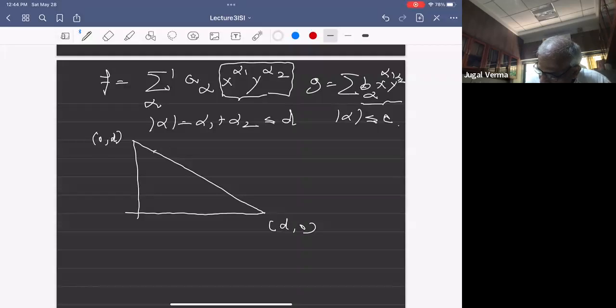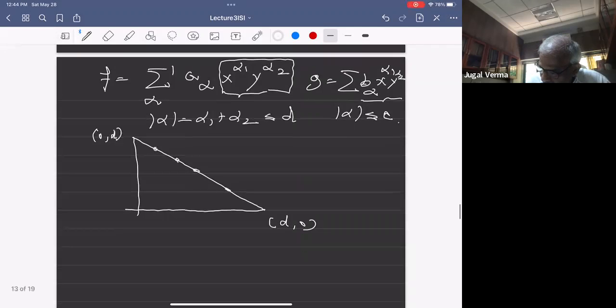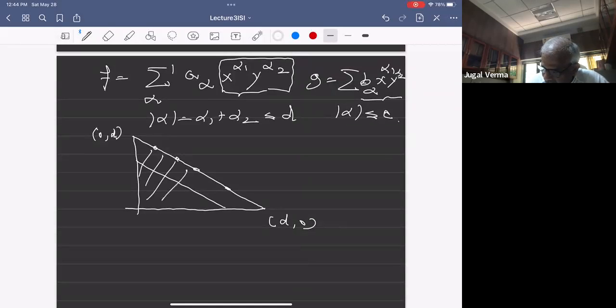All monomials of degree D lie on this line, monomials of degree D minus 1 lie on the next line, etc. So the Newton polygon of F will be a subset of this triangle.